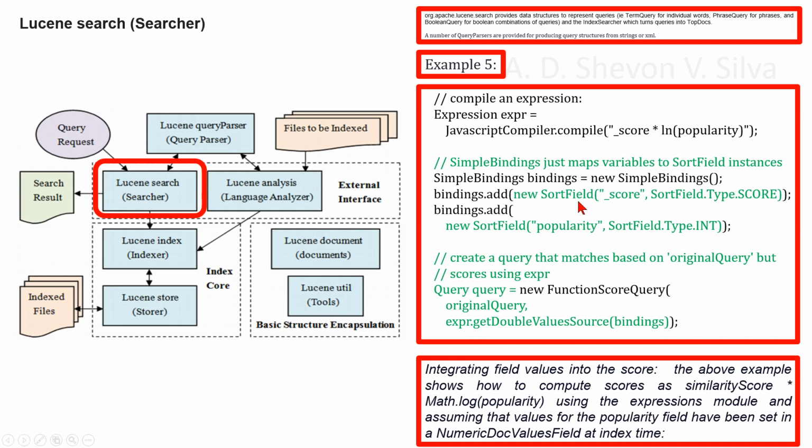Here the constructor creates a sort by terms in a given field, with the type of the return type of term values explicitly given. Here SortField.Type.SCORE, and here you can see int, and here you can see compile an expression.